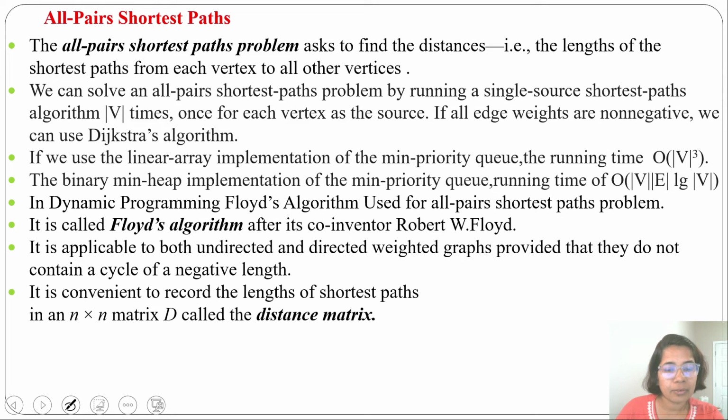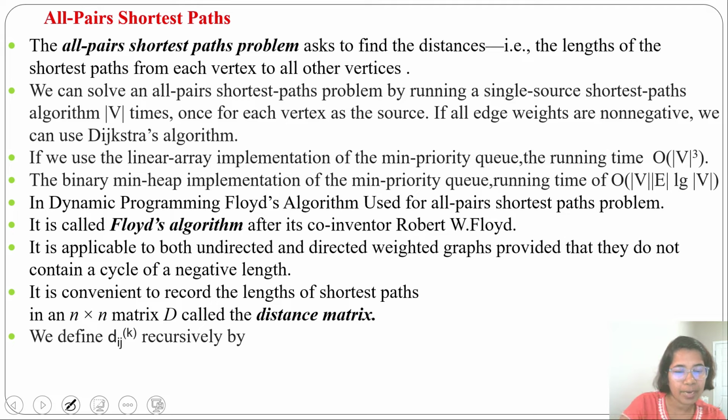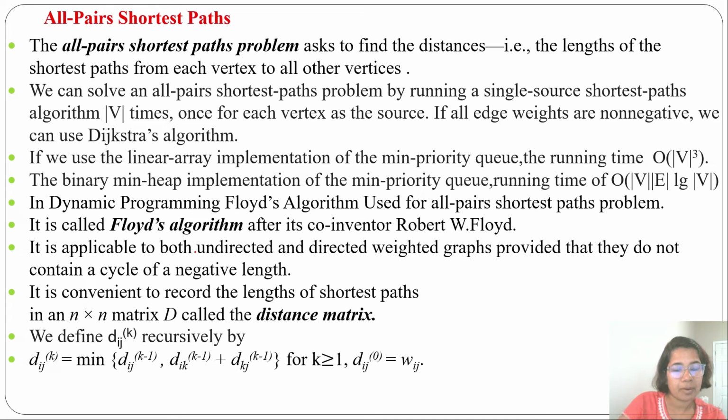It is convenient to maintain the length of the shortest path in an n cross n matrix called the distance matrix. So we define D_ij power k recursively. D_ij power k equals the minimum of D_ij power k minus 1, or D_ik power k minus 1 plus D_kj power k minus 1, for k greater than or equal to 1, and D_ij power 0 equals W_ij.